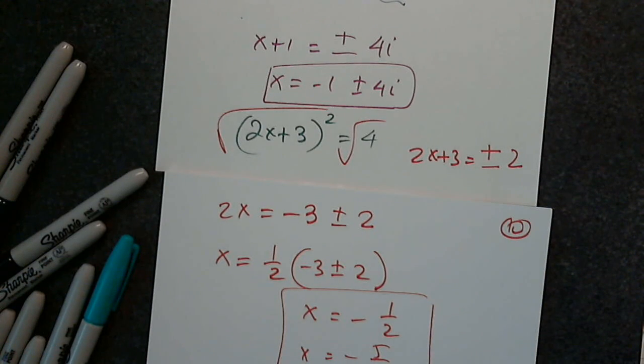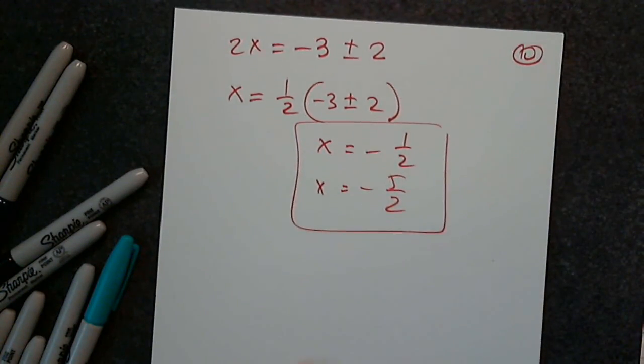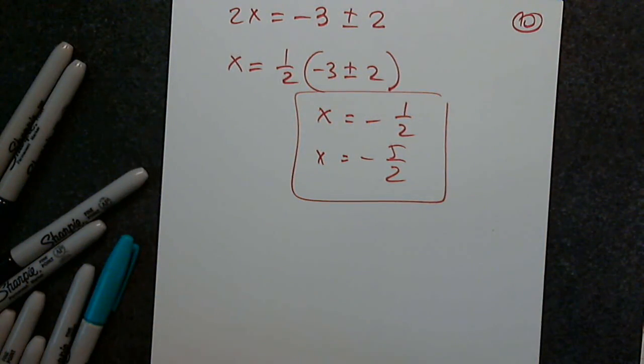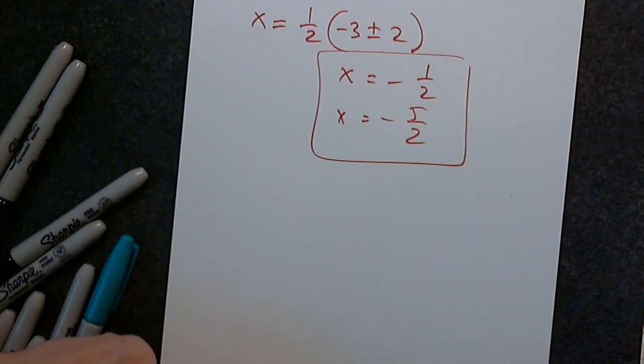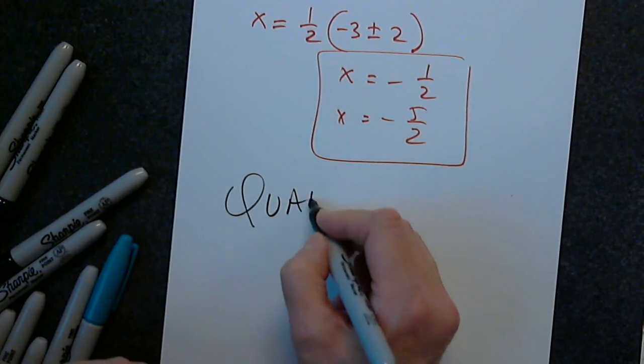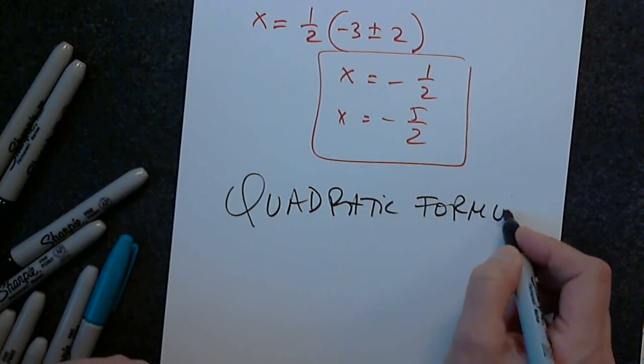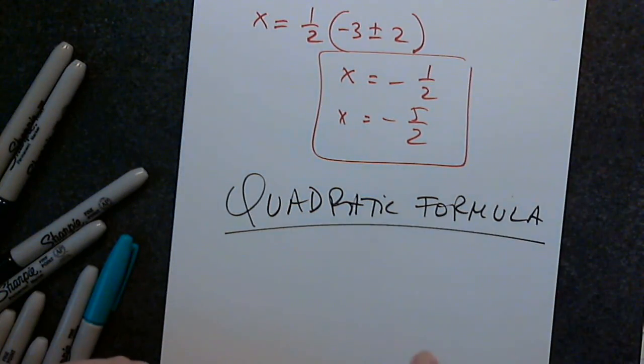So how many methods of solving quadratic equations do we know so far? We know factoring, and the second method is taking square roots. Okay, here's a third one. I'm sure you remember the third one from your other math courses. Ready? Quadratic formula.